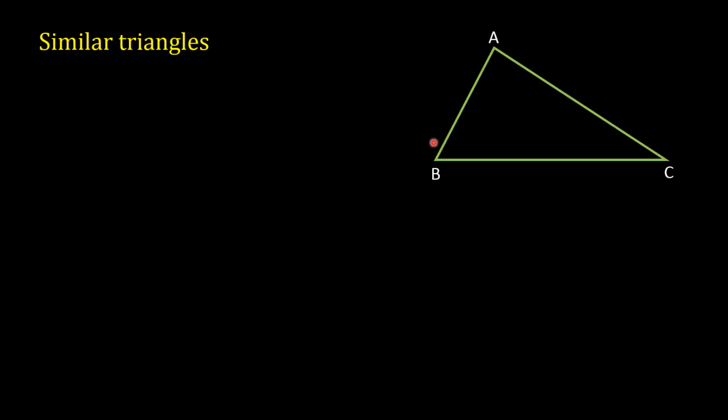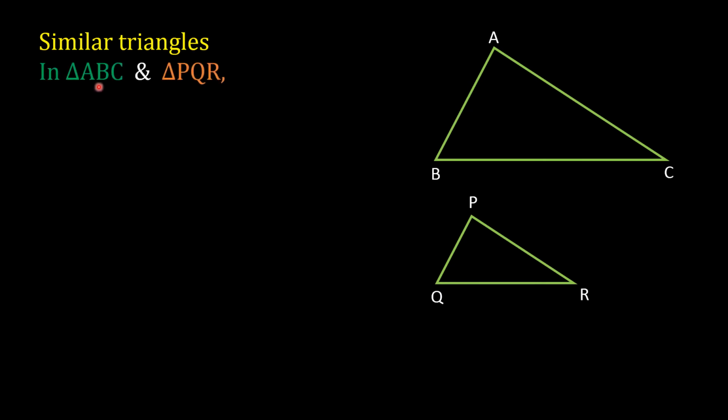Consider triangle ABC and triangle PQR. When can we say that these two triangles are similar? There are two sets of conditions which need to be satisfied before we can call these two triangles similar.